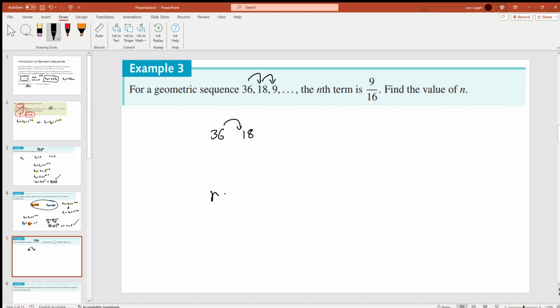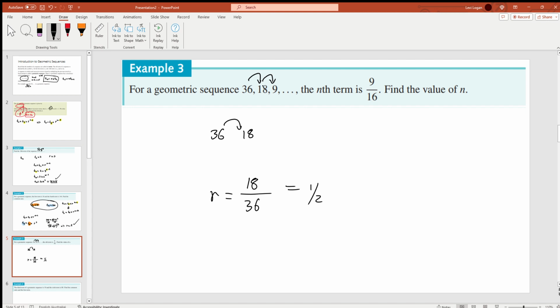If you want to find R, you need that term divided by this term, so 18 divided by 36. Because if I had it the other way, then my R would be a positive whole number, so it would be increasing constantly. It needs to be a fraction less than 1 because it's being divided by a certain amount. So 18 divided by 36 is going to give me a half.